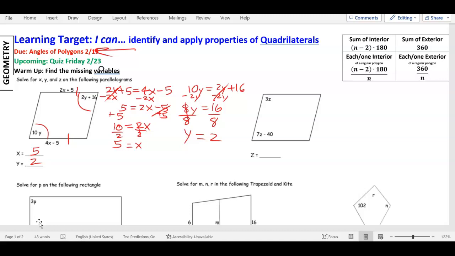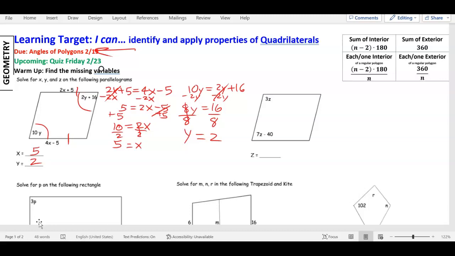Since they are consecutive, I'm looking at my notes, it says consecutive angles are supplementary. What does supplementary mean? Supplementary is when two angles add up to what? 180. All right. So instead of setting these two equal, we're going to add them equal to 180. Because they're not opposite, they're not congruent, they're consecutive, they're supplementary.